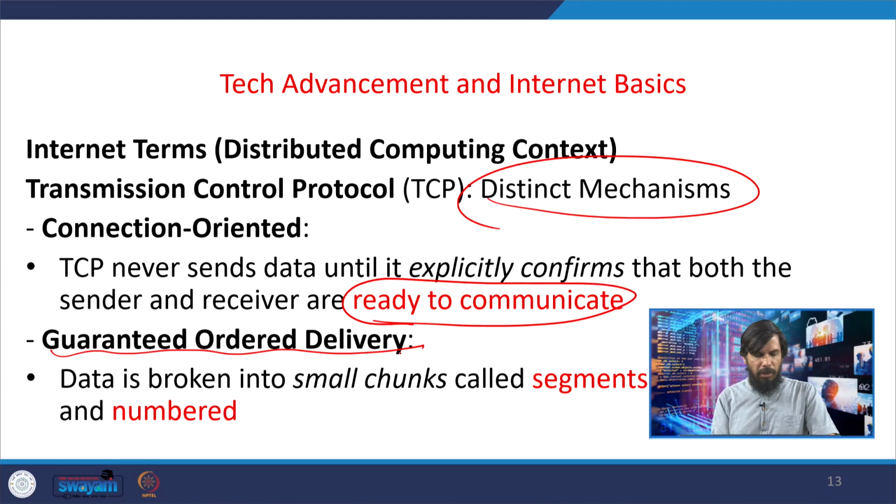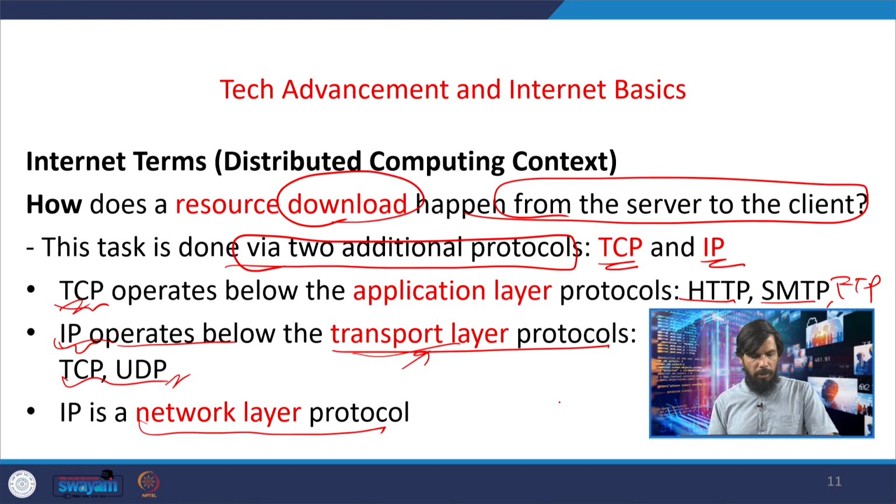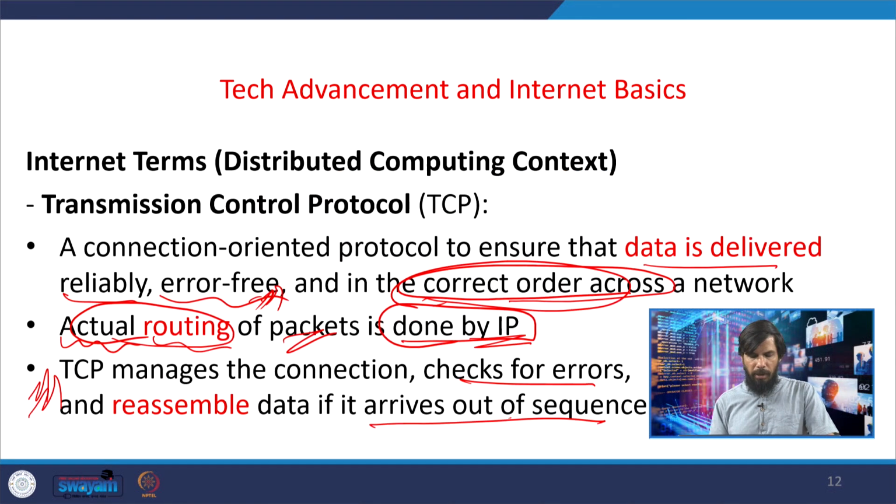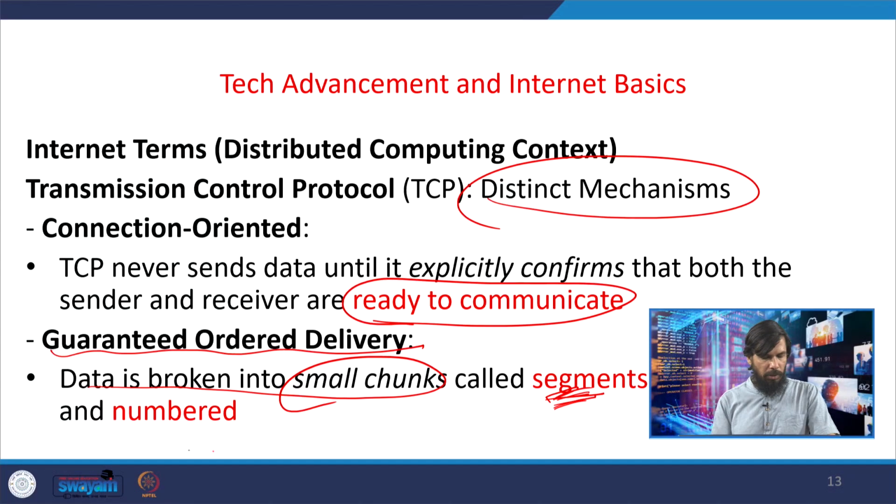Then guaranteed ordered delivery. Now, data is broken into, as I said, small chunks. These chunks are called segments at the TCP level, at the transport layer level. So, data is broken into small chunks called segments, and these segments are actually numbered.